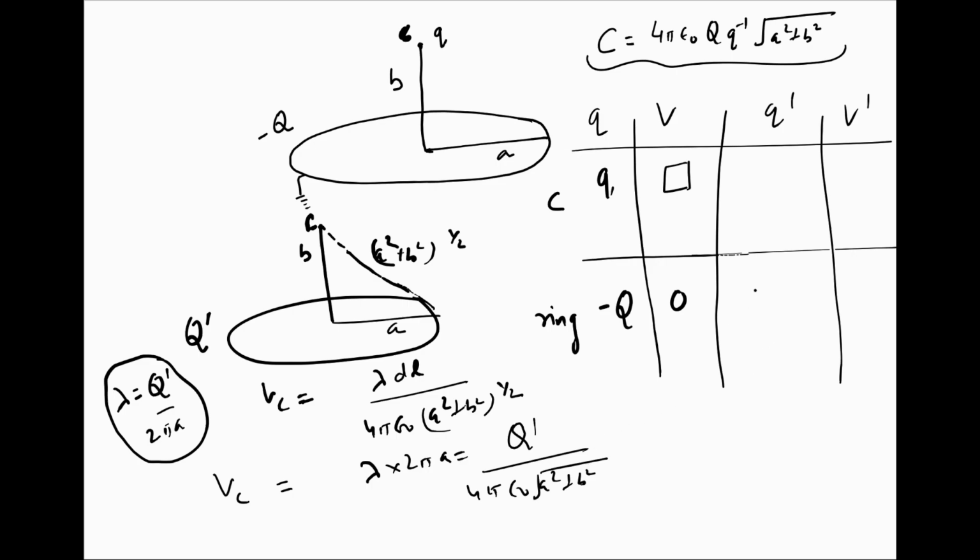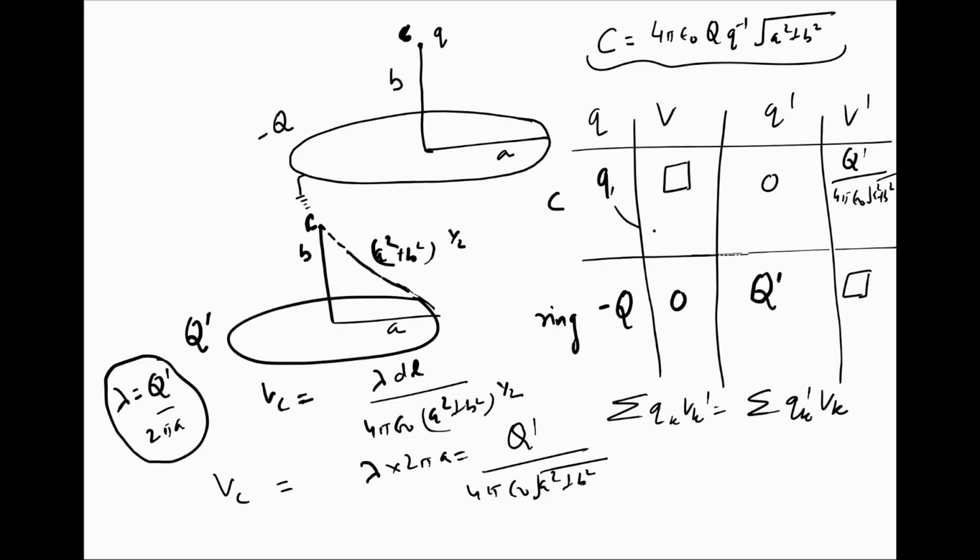So if I give this Q dash charge and there is no charge here, then I know that the potential is Q dash over 4 pi epsilon naught square root of A square plus B square, but here I don't know the potential as of now. So now we want to calculate the capacitance. So first we will use Green's theorem again. Q_K V_K' = Q_K' V_K.